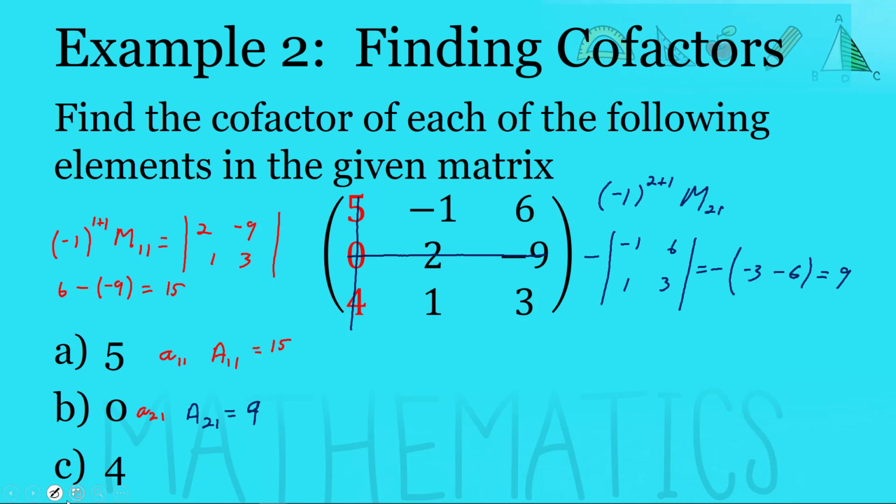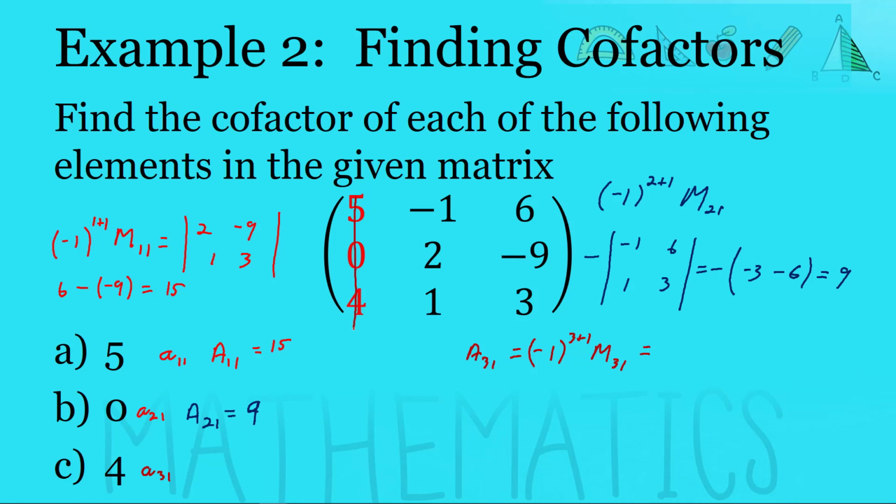And then finally, for this one, that is location A31. So that is going to be equal to -1 raised to the 3 plus 1 power times the minor associated with position 3,1. That is going to be -1 to the 4th power, or 1.